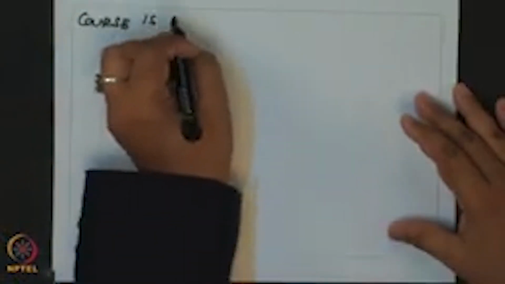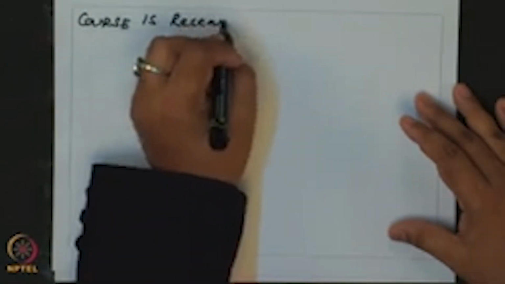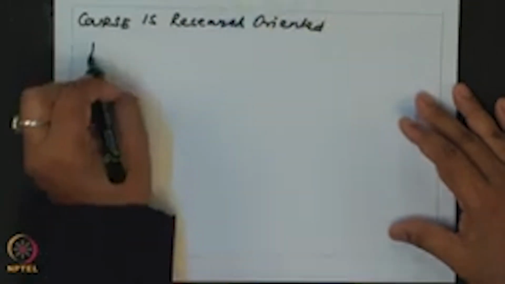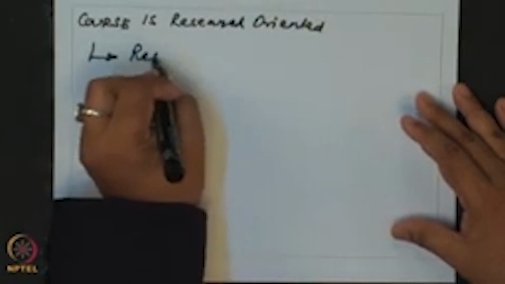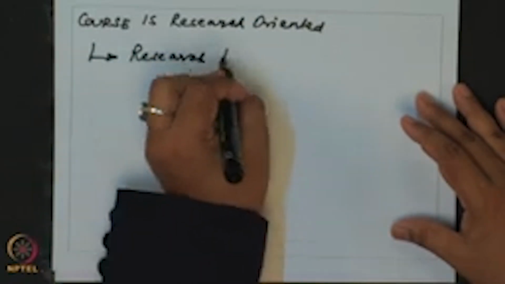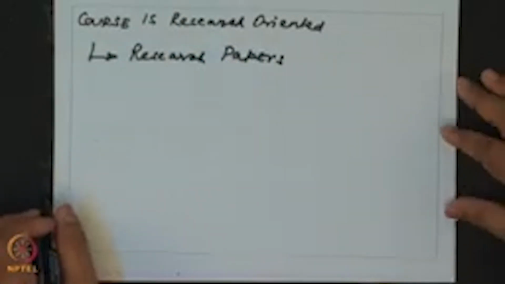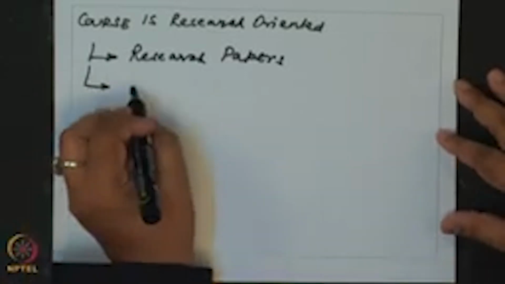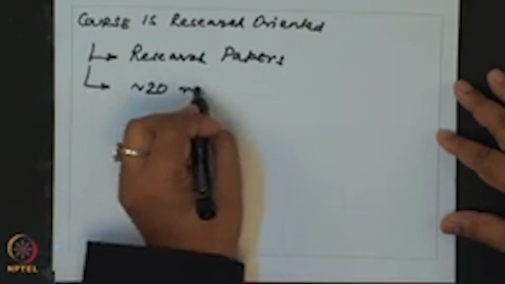Now, this course is research oriented. I would like to re-emphasize that the course is very research oriented. Most of the course material will come from research papers that you will have to download and read. Over the entire course, you will probably read order 20 research papers.